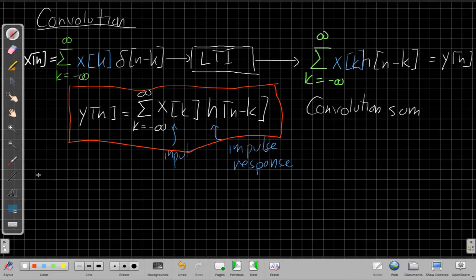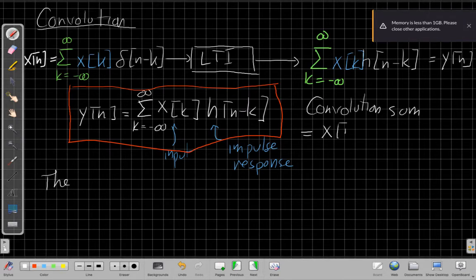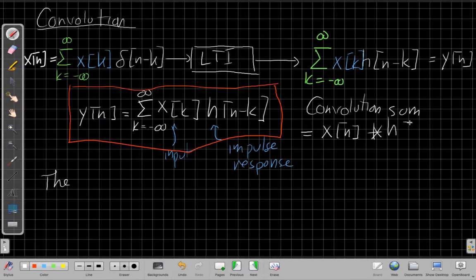Another way we can say that is the output. And for shorthand, we often use the star. We say this is h of n asterisk x of n.